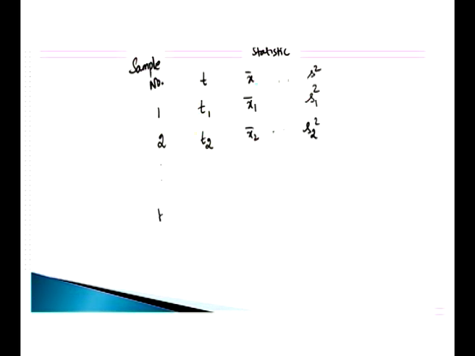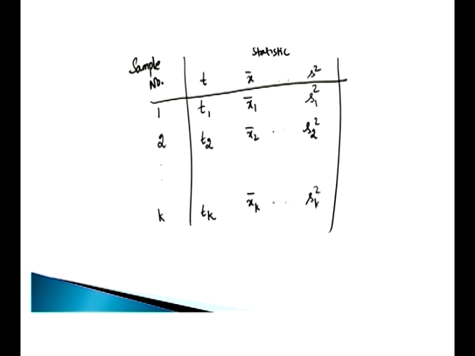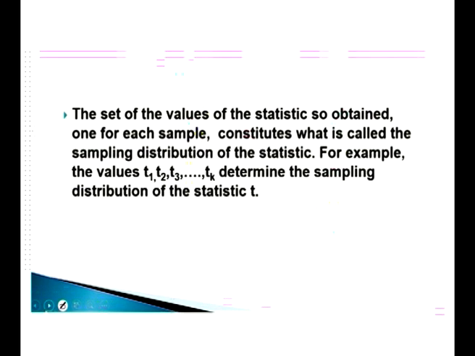Likewise, there are going to be K samples, right. So the statistic will be Tk, then xk bar, and Sk square. Now, this is the table of a sampling distribution. The set of values of the statistic so obtained, one for each sample, constitutes what is called the sampling distribution of the statistic.